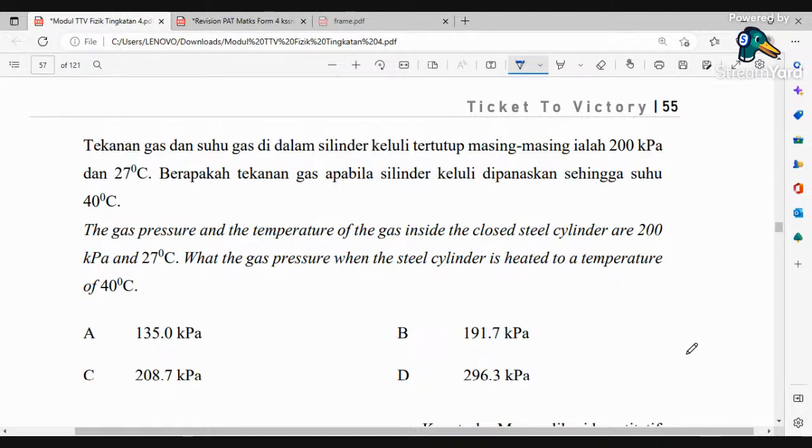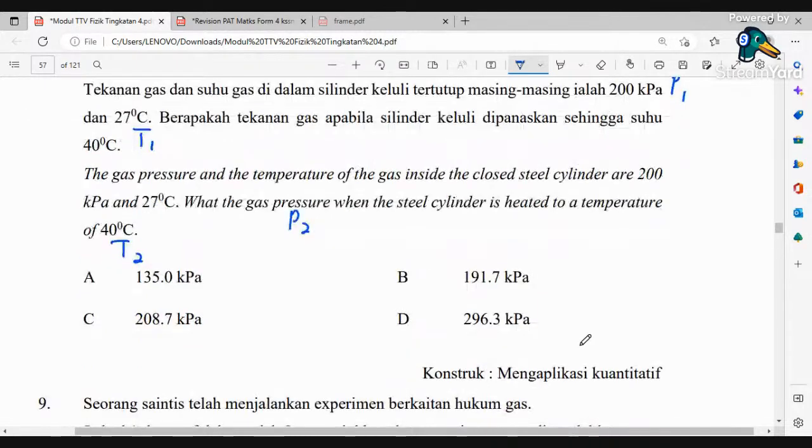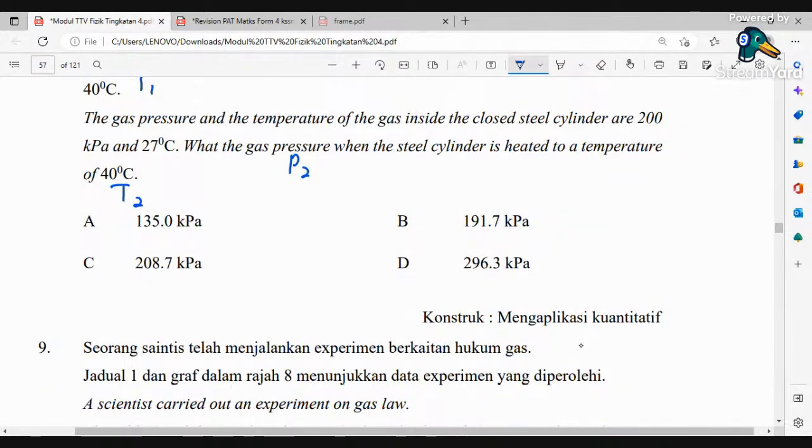Okay, let's list out what is given in this question. So you have pressure P1, T1. So what is the gas pressure? Means P2, T2. This question, the relationship between P and T, so it is Gay-Lussac's law.